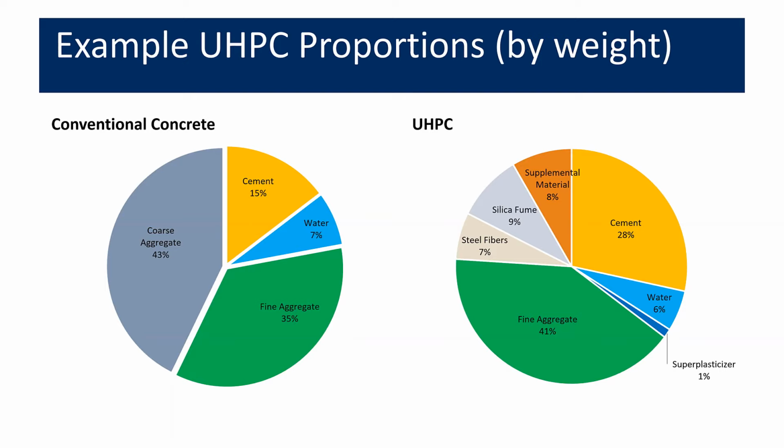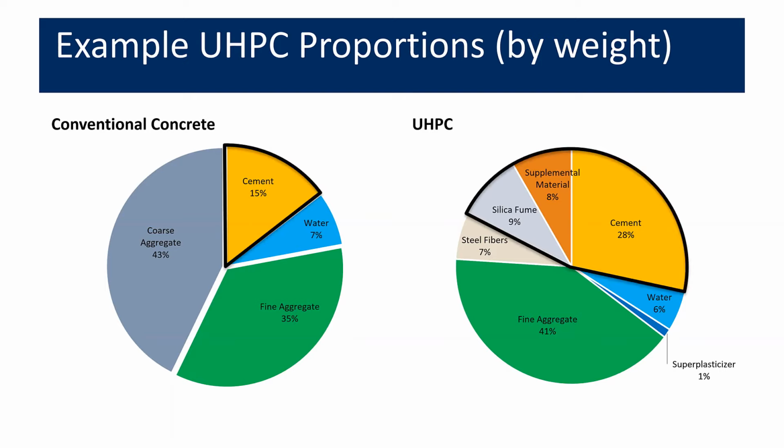And what you can see is that the total amount of cementitious material in these mixtures is actually quite different. On the left, in the conventional concrete, the cementitious materials make up about 15% of the material's weight. In the UHPC, it's closer to 45%. So a lot more cementitious content in this mixture.